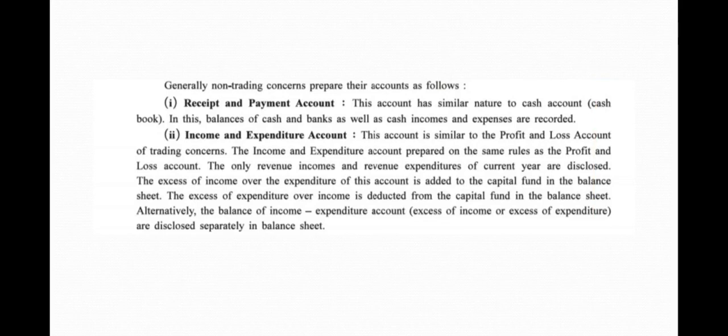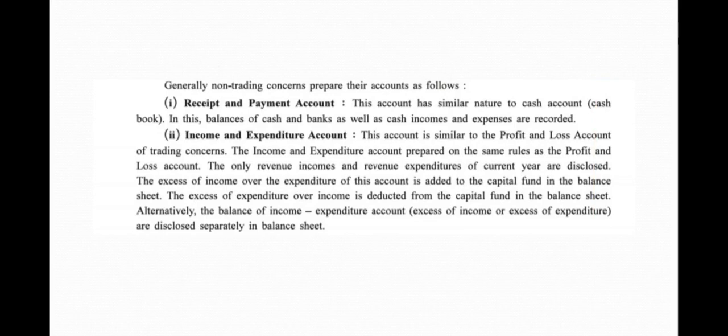This account is similar to the profit and loss account of a trading concern. The income and expenditure account is prepared on the same rules as the profit and loss account. Only the revenue incomes and revenue expenditures of the current year are disclosed. The excess of income over expenditure of this account is added to the capital fund in the balance sheet.